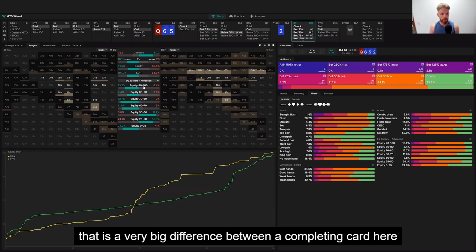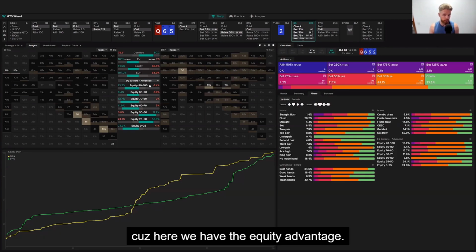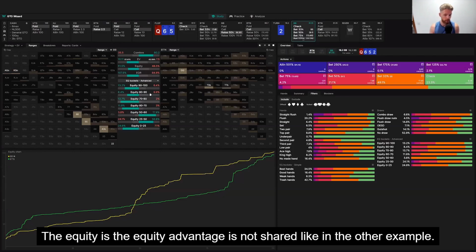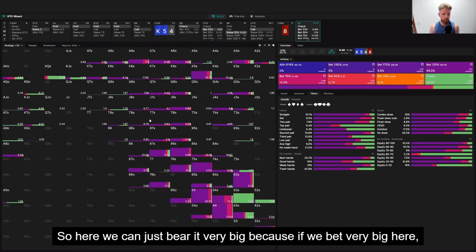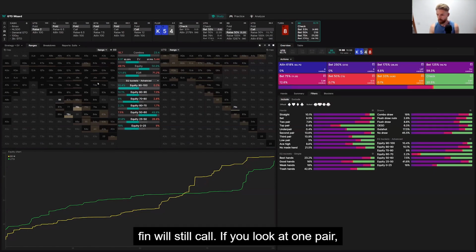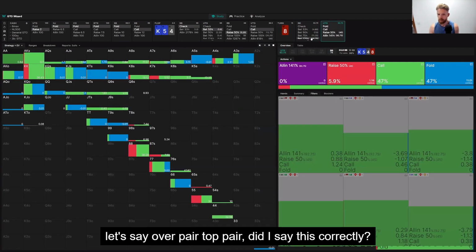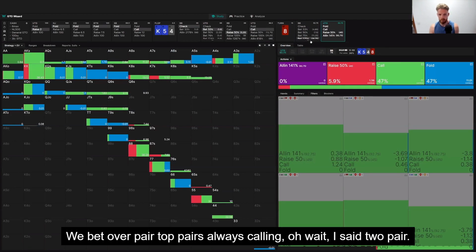Now, there's a very big difference between a completing card here on the king 5-4 under the gun versus button. If you look at the range, because here we have the equity advantage, the equity advantage is not shared like in the other example. So here we can just bet very big because if we bet very big here, let's say we bet 125% pot, if you look at the response, villain will still call. If you look at one pair, let's say over pair, top pair, we bet, over pair, top pair is always calling.